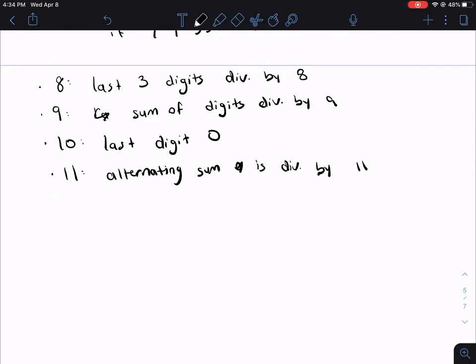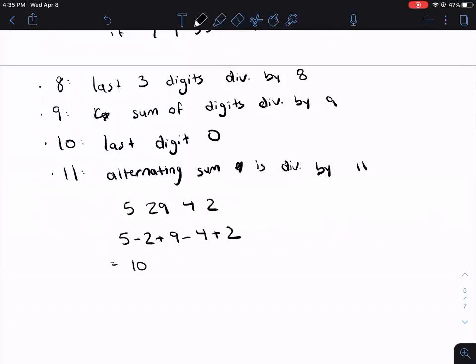So basically consider 52942. Okay. So the alternating sum is 5 minus 2 plus 9 minus 4 plus 2, and this is equal to 10.